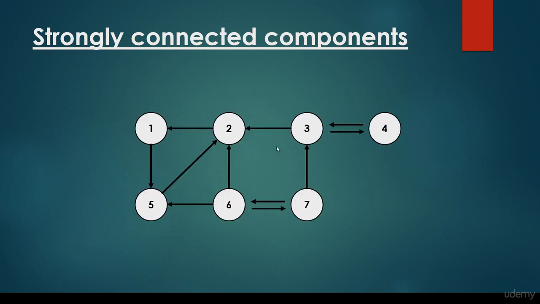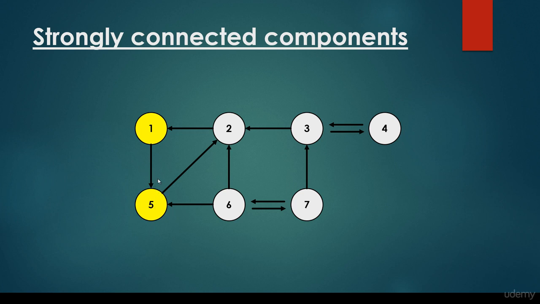So for example, we have 7 vertices, 1, 2, 3, 4, 5, 6 and 7, and it is a directed graph as you can see. We start at a given vertex, for example the vertex 1, and recursively we use depth-first search to visit every neighbor of that given vertex. It has a single neighbor, the vertex 5, so we consider vertex 5.